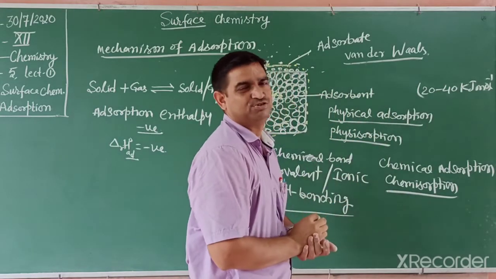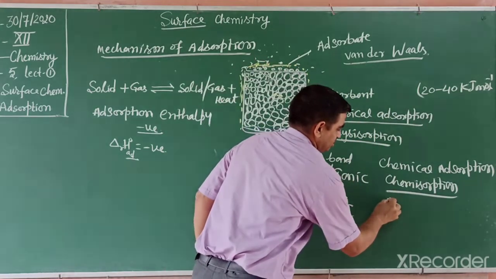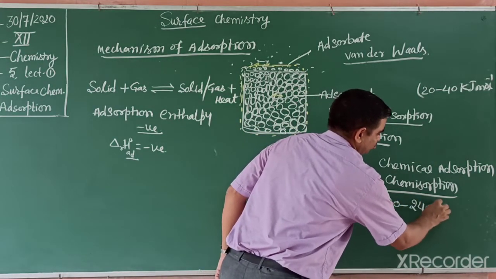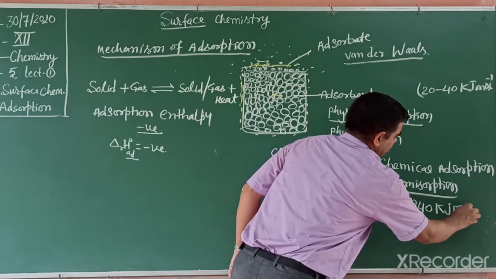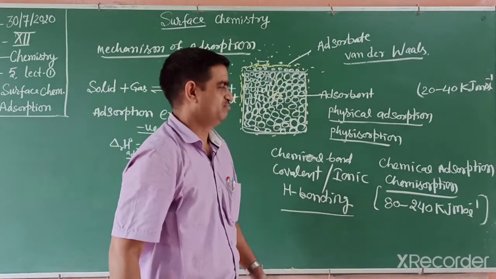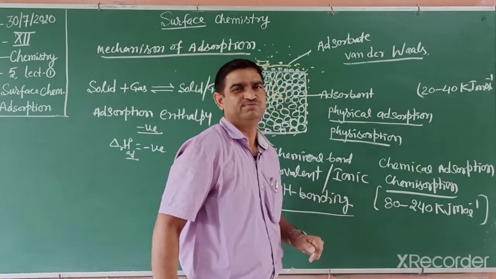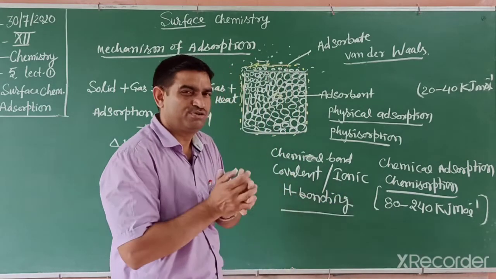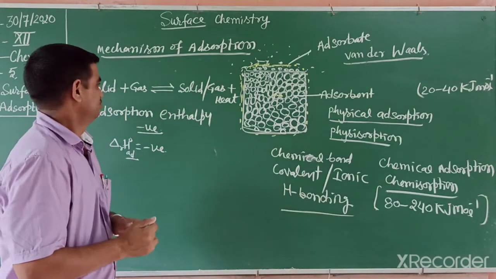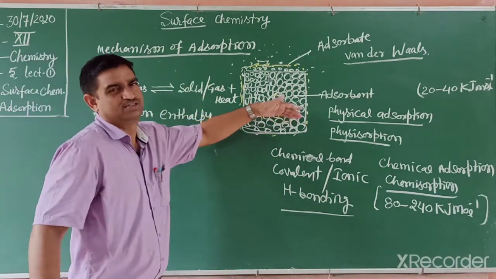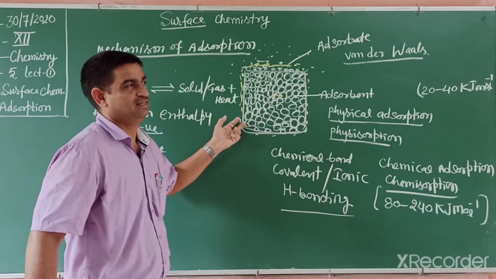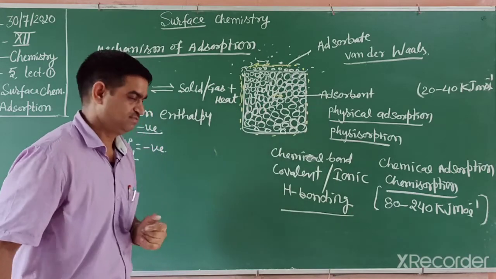And in chemical adsorption, with strong bonds, the value is 80 to 240 kilojoule per mole. Why? Because the bonds are stronger. When the bond is strong, more energy is released. So now we will explain the thermodynamic concept of adsorption. What are the reasons why adsorption occurs?